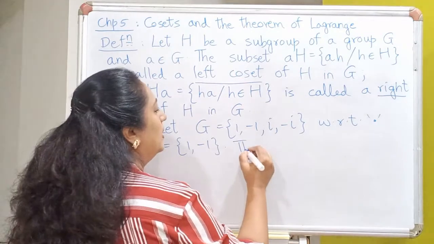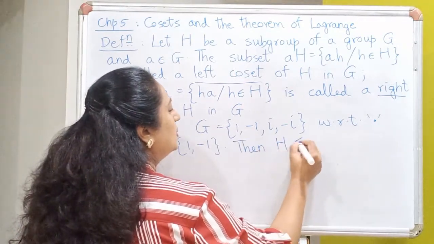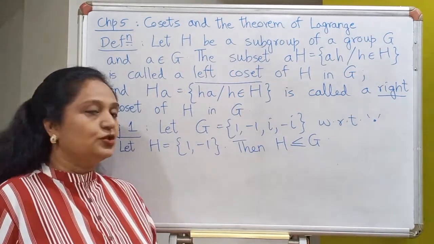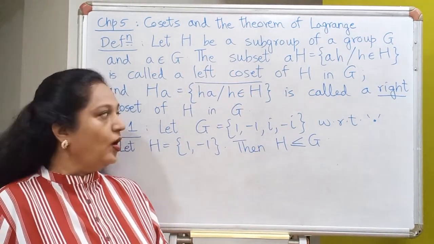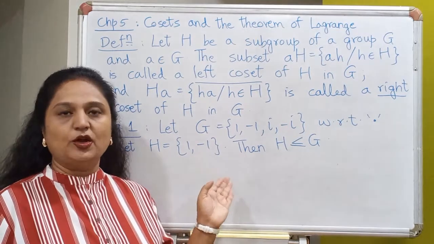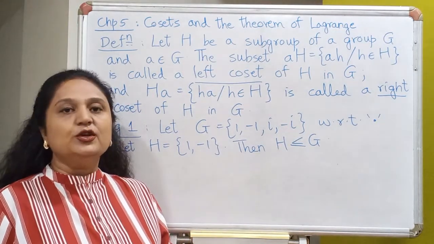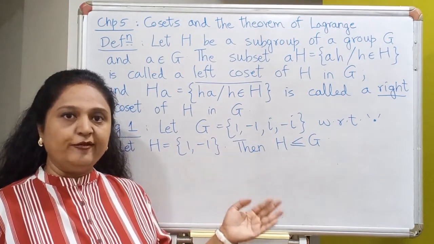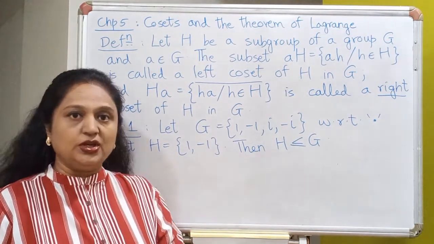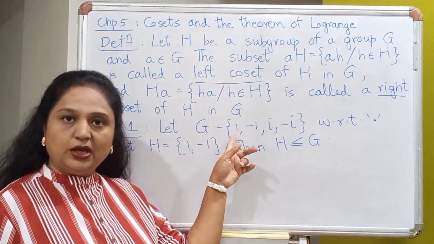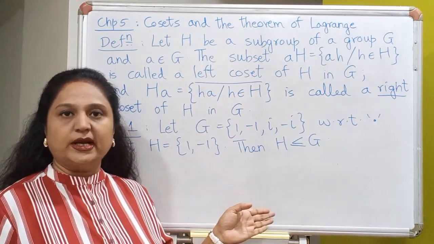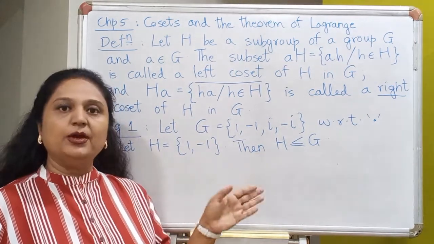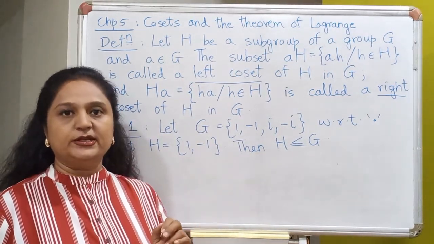Then we know that H is a subgroup of G. So let us now obtain all left cosets of H in G. Remember, every element of G will give rise to one left coset and one right coset of H in G. Now in this problem, I am interested in only left cosets of H.